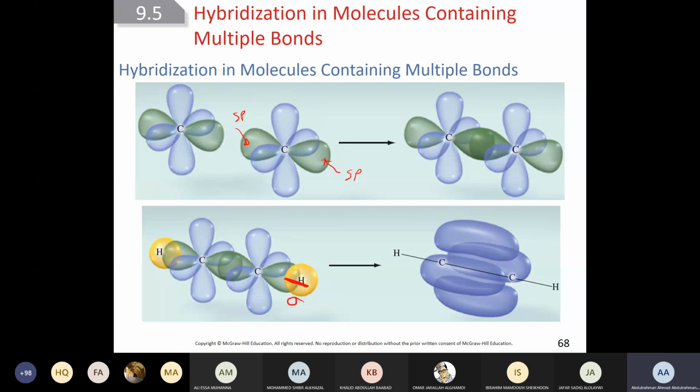This carbon and this hydrogen, also sigma. Between this carbon and this carbon, the green orbital, what type of bond? Sigma. But this orbital with this orbital will interact to make what? Pi.